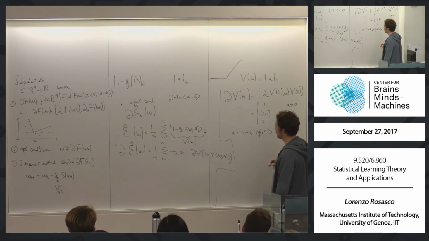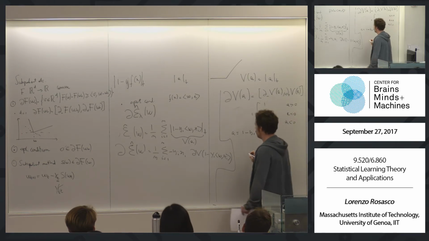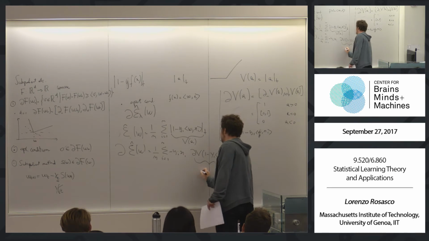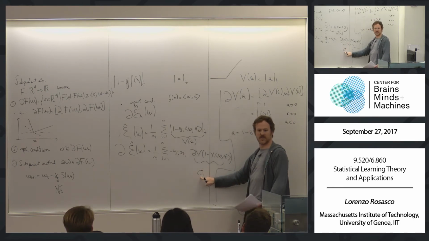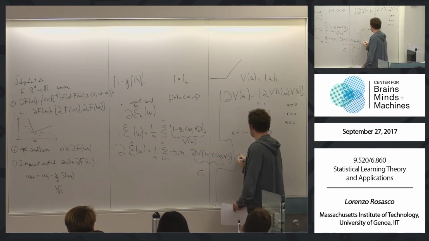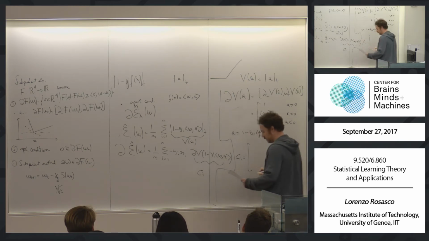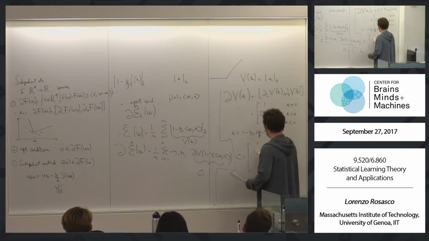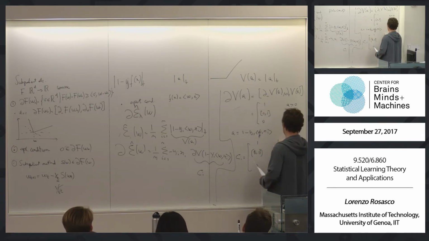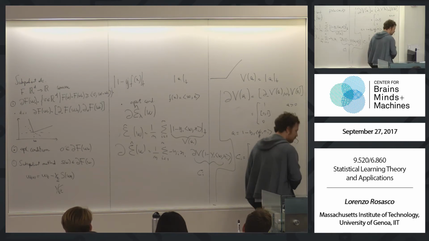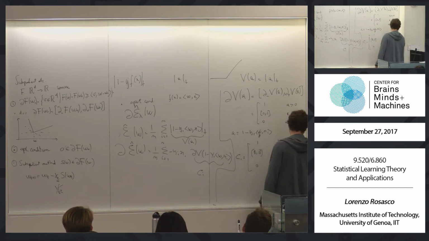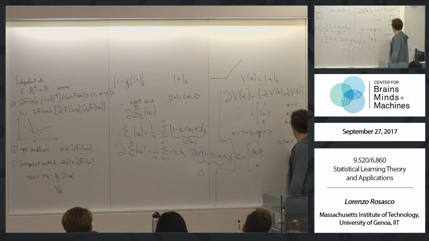So I'm going to get that any element ci, which is a number in this set, is going to be something that looks like this. It's going to be 1, 0, 1, or 0, whether yi w xi is smaller than 1, is equal to 1, is bigger than 1.